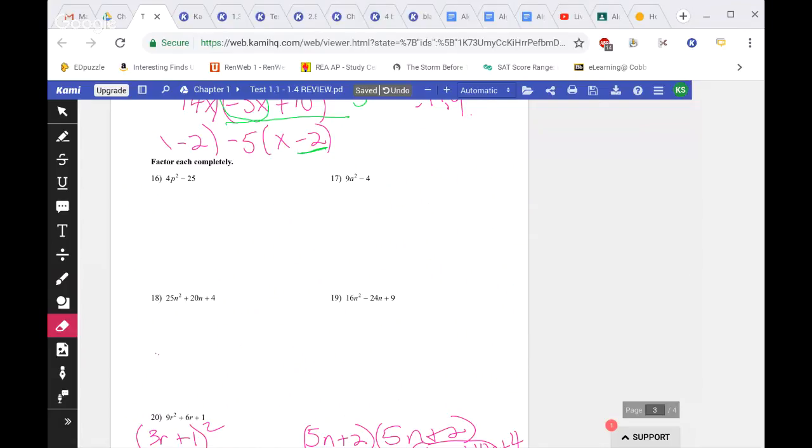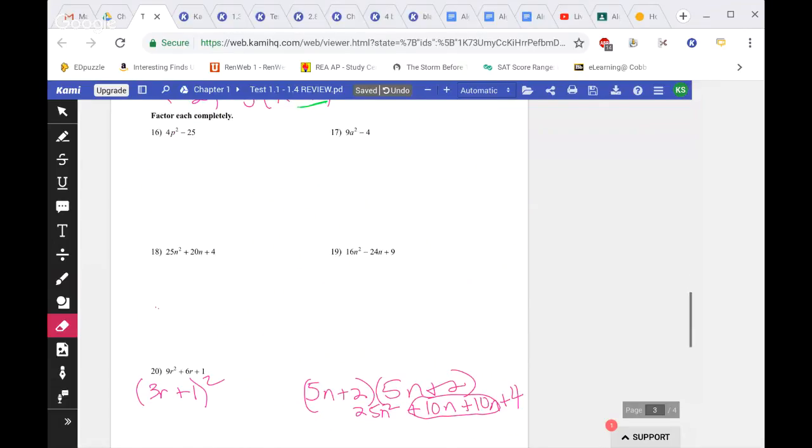So I just want to make sure that you feel really good about being able to break that down, knowing that that's going to be 2p plus 5, 2p minus 5 kind of thing. Yeah. Okay, cool.